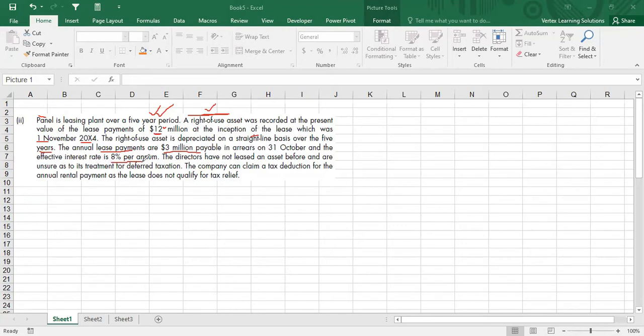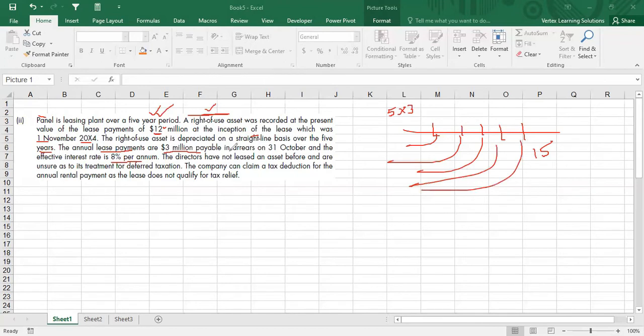Okay, so lease payments are 3 million. Of course, that 3 million includes both principal and interest together. Because if you consider that five times you have to pay 3 million, so actually you are going to pay 3 million, 3 million, 3 million, 3 million, 3 million, which is a total of 15 million, but you have to find out the present value of that to consider your lease liability.